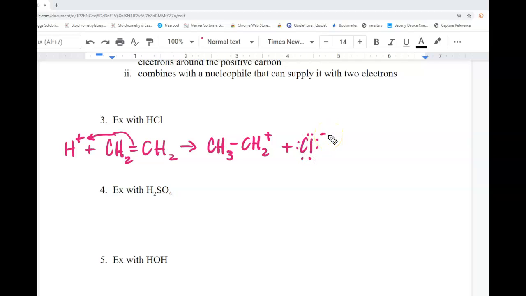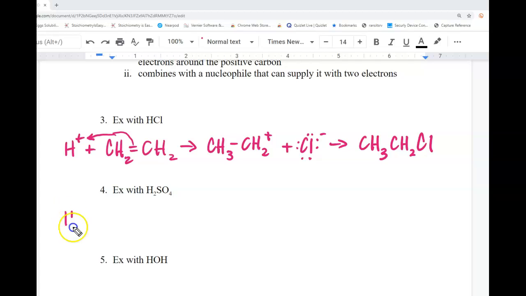That nucleophile is going to add itself onto what now is the carbocation, and we'll end up with CH3CH2Cl. The reason why I didn't worry about Markovnikov's rule here is because both of my reactants are not asymmetric. Only one of them is.